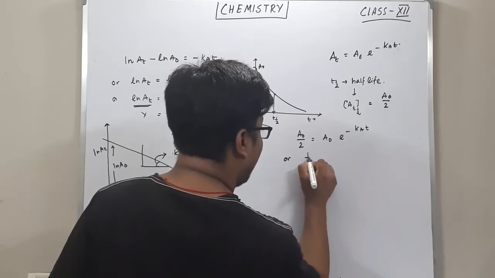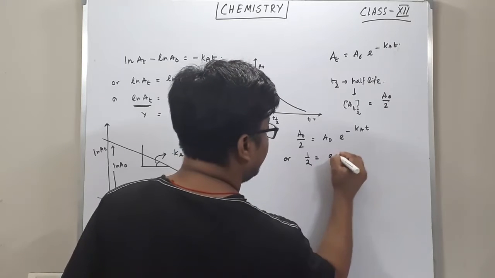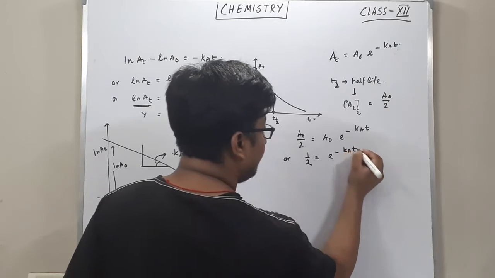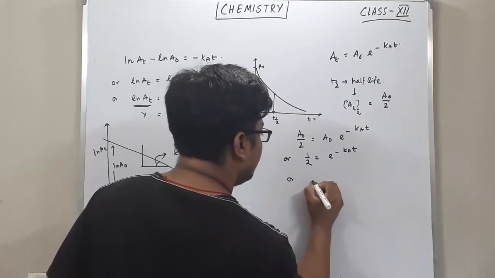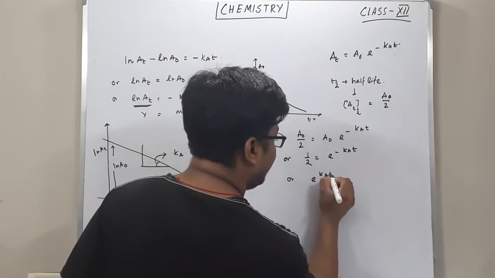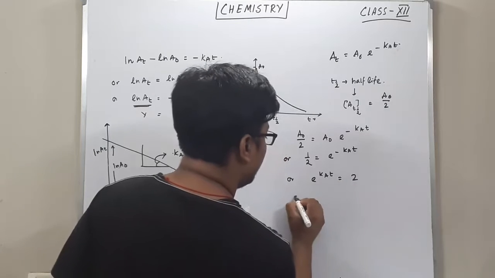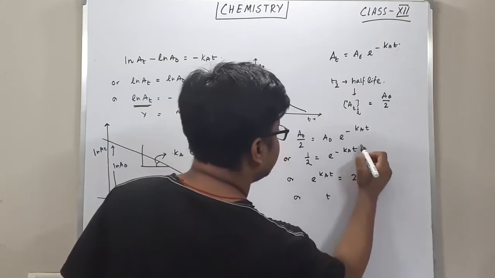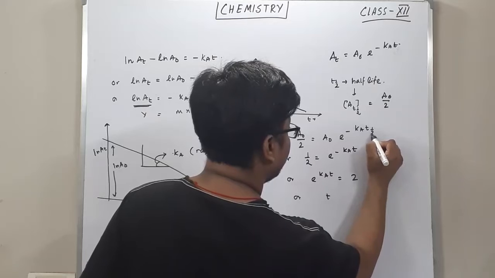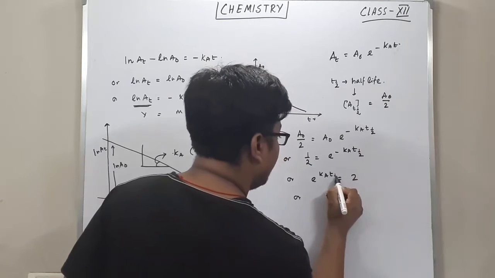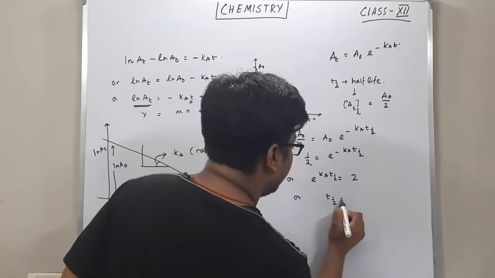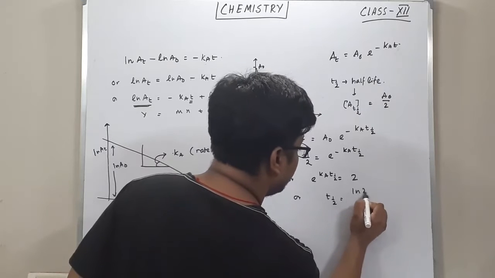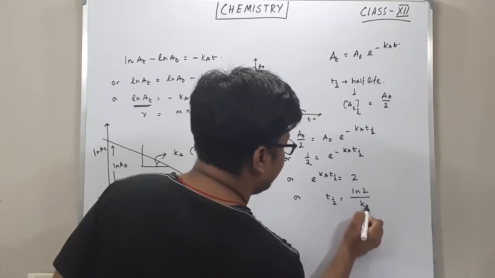Or half is equal to e to the power minus Ka t. Now if I reverse this, you will get e to the power Ka t is equal to 2, and this t is basically t half. So t half is basically ln2 divided by Ka.